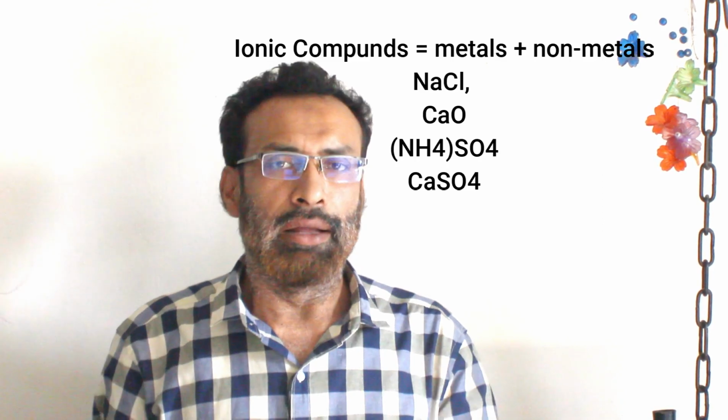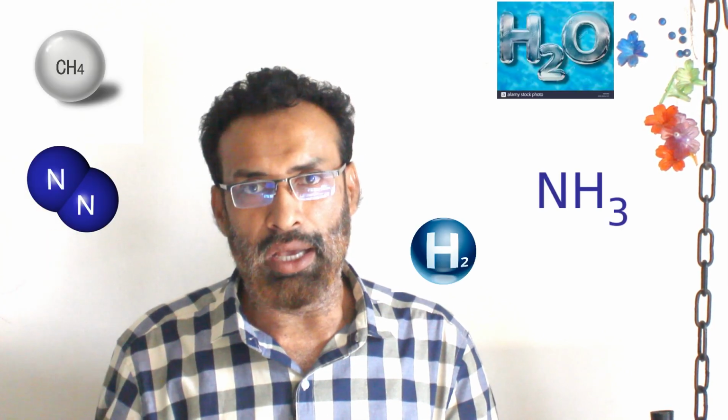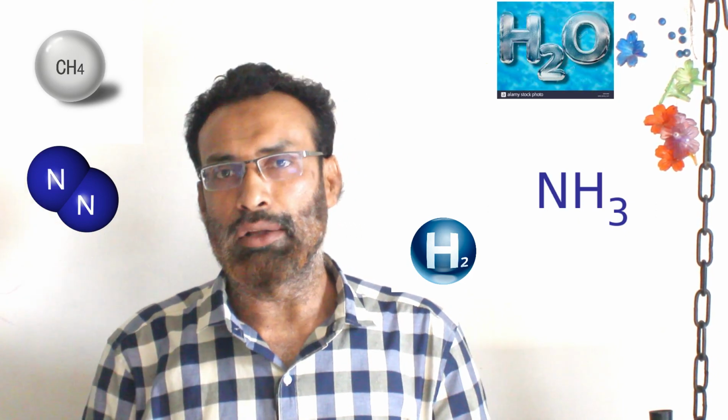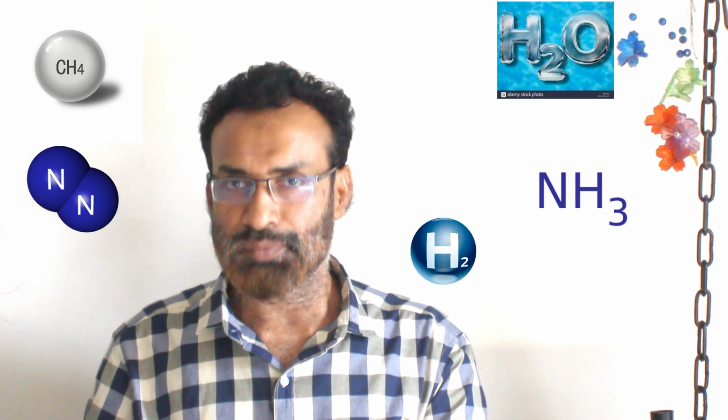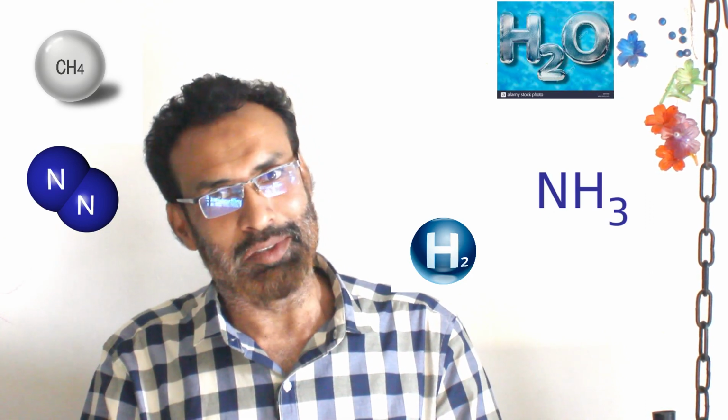For molecules, which are covalent substances, you get water, carbon dioxide, ammonia, methane, nitrogen, hydrogen. These are all simple molecules, because in these you do not get any metal. They are all groups of atoms, held together by covalent bonds.